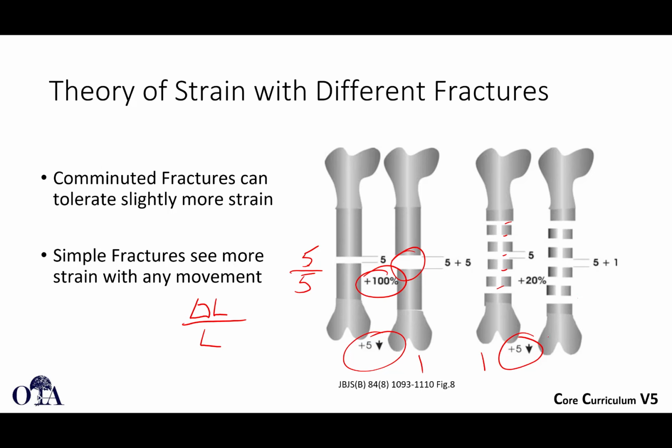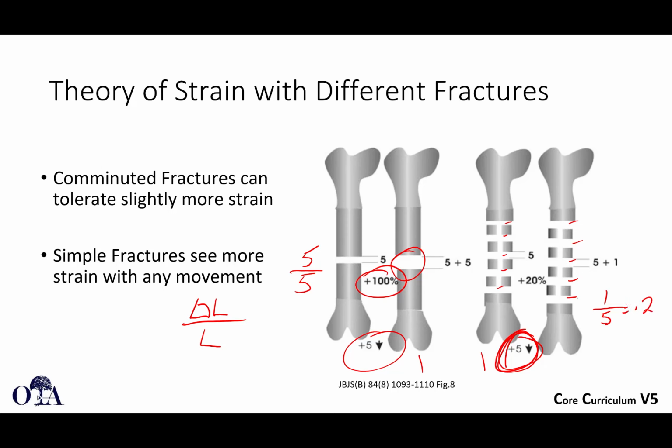So when you apply the same amount of force, it's distributed 5 times, right? So each gap experiences a delta L of 1 over a length of 5. So the gap is the same, but this is distributed into 5 gaps. So that equals 0.2 or 20%.